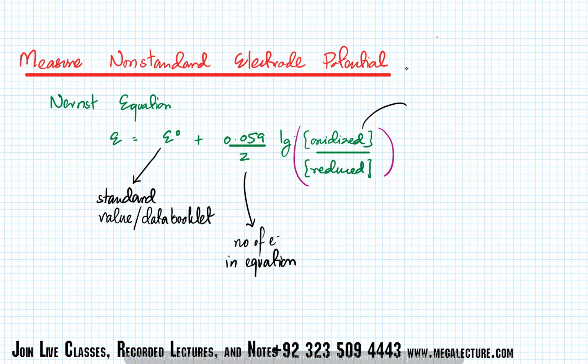Oxidized species is the one that's on the left side. Or the one that is formed after losing electrons. And the reduced one is the one that's on the right side.